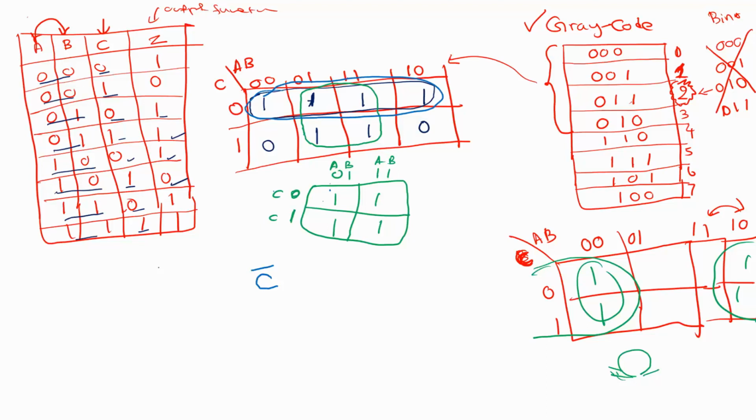When you check row wise, you have 0 and 1 both, so alternating values are there. So we are not going to consider that. And in this direction, for A you have 0 and 1, alternating values. Therefore, we are not going to consider A also. But for B, we have 1, 1. Right? Since it has a consistent value, we are going to consider that.